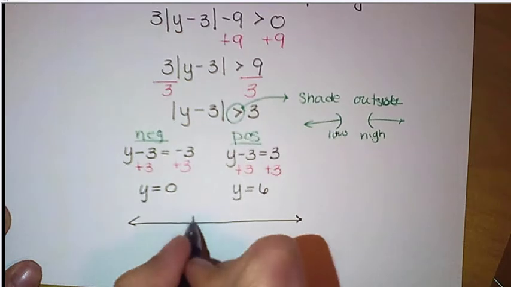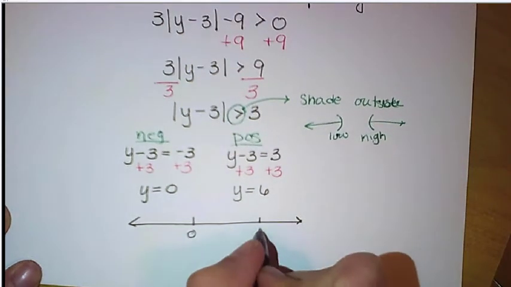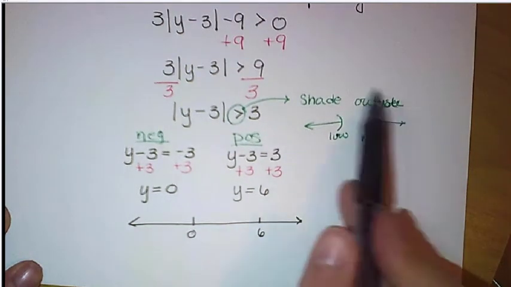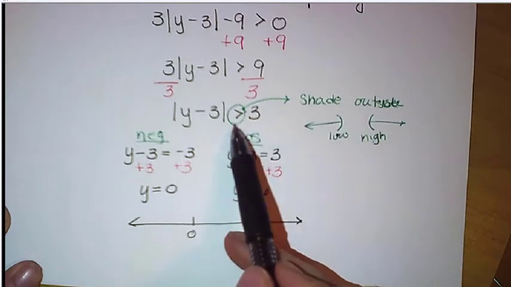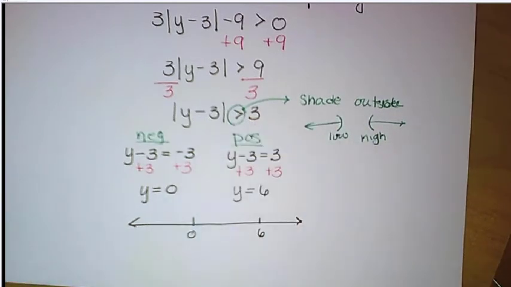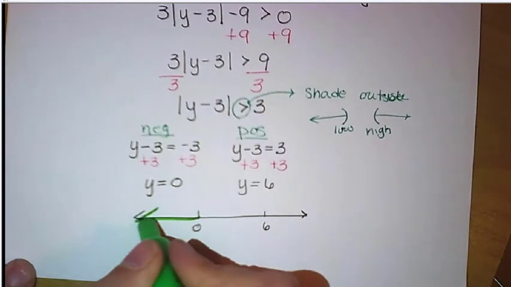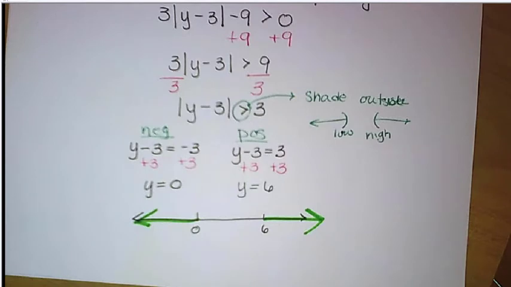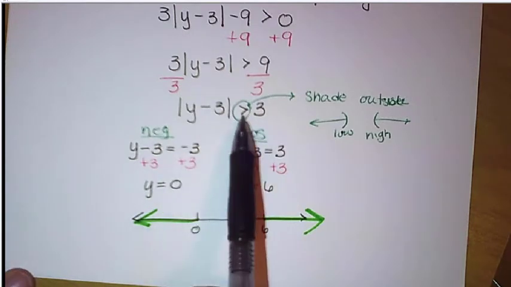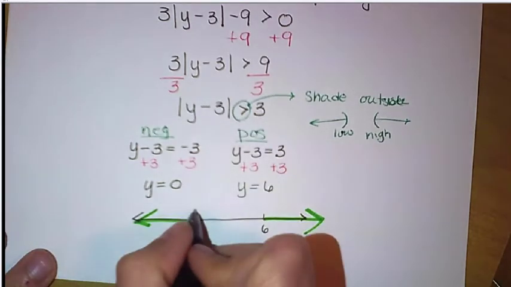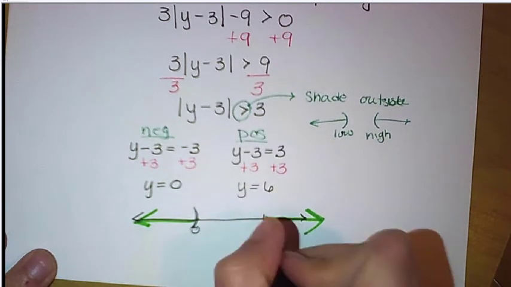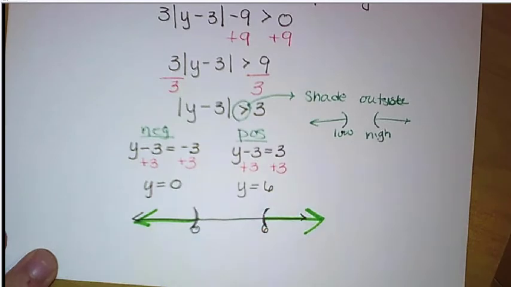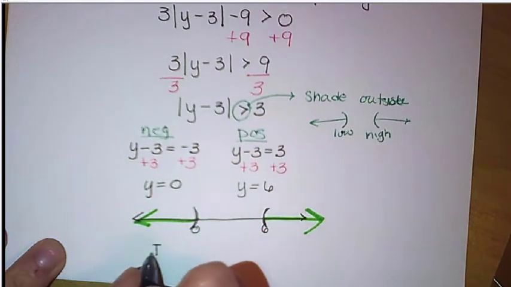So here is 0, here is 6, and remember we are shading to the outside because we're looking at a greater than. So we're going to shade to the left of 0 and to the right of 6. And then because we're doing just a greater than, we're going to use a parenthesis at 0 and a parenthesis at 6.